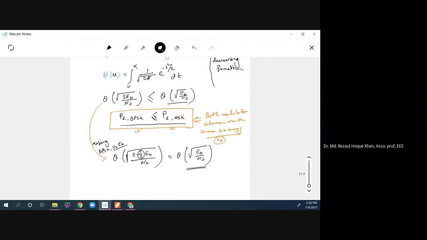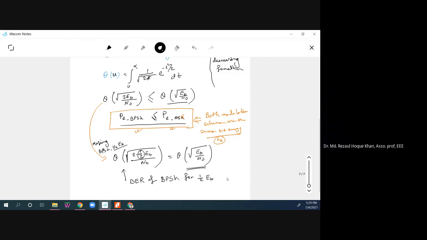So this shows us that the bit error rate of BPSK for half EB means we will get the same bit error rate by using half the bit energy in BPSK. So we can say for the same bit error rate, BPSK needs half of the average bit energy EB of ASK.